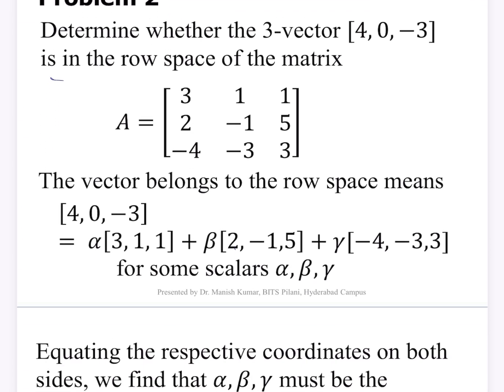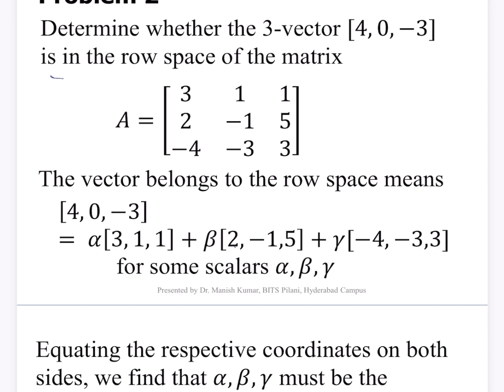Now let us do the next problem. Determine whether this vector is in the row space of the matrix. The matrix is given by this. This time they have given the matrix, so you have to construct this into a linear combination: alpha times the first row, beta times the second row, and gamma times the third row.